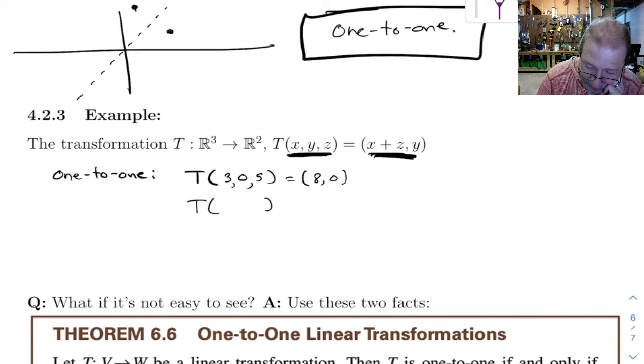Can we find another point that gives us 8, 0? Yeah, the y-coordinate is going to still be 0, but we just need to put in an x and a z that's anything that adds up to 8. So you can put in, say, 7, 1, or 6, 2, or 10, -2, or whatever. So this is not 1-to-1.